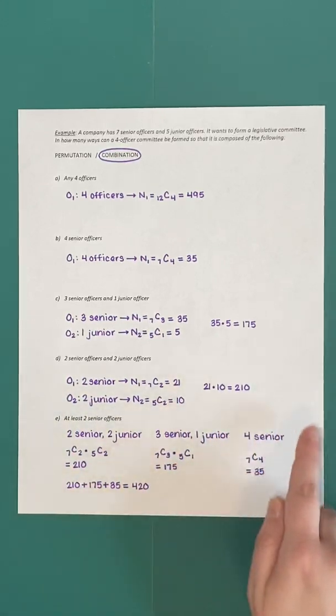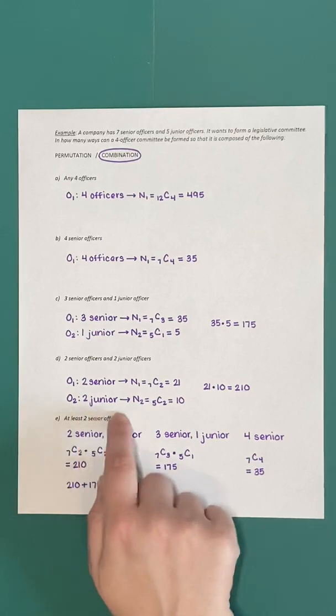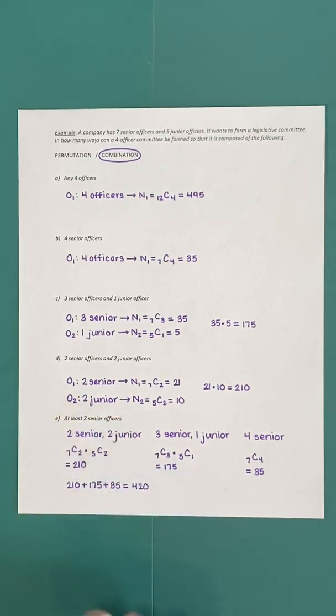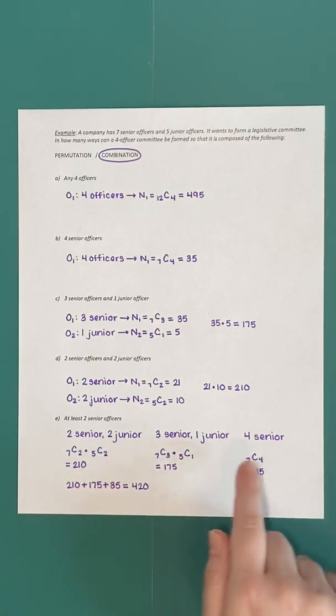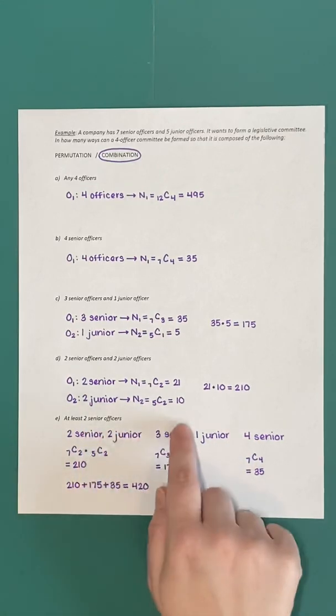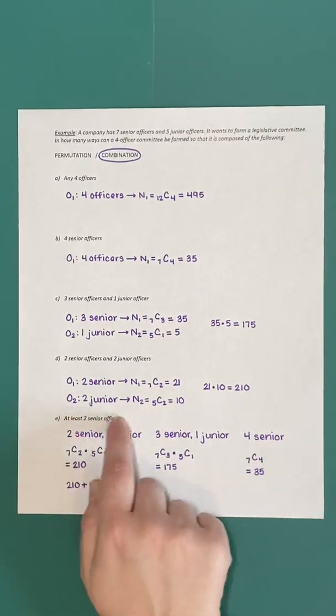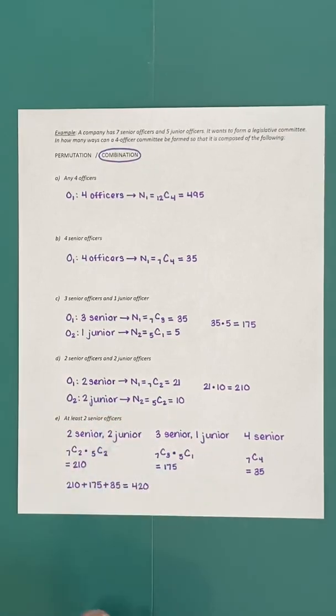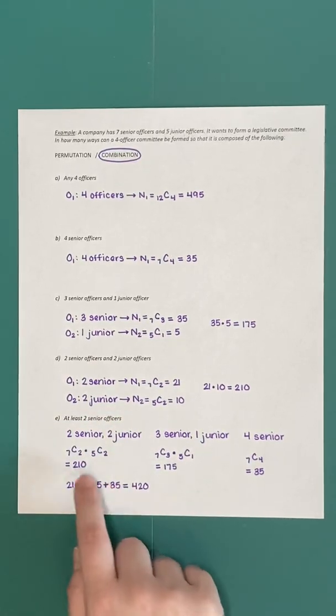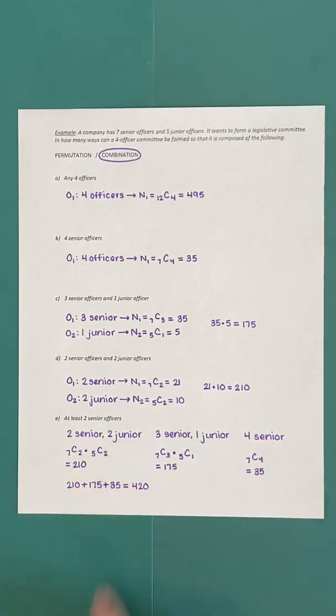We make one different combination of choices that fits under this particular category of restricted choices. Each of these subtotals is one different way we could come up with some combination that meets our requirements. So in this case, we're just adding up those subtotals, and that gives us a total of 420.